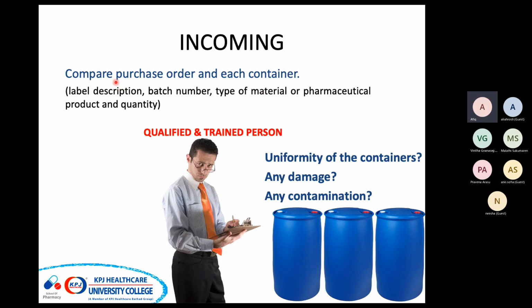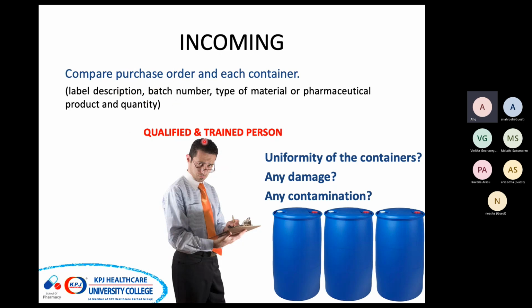You have to compare everything that you ordered in the purchase order exactly with what is arriving at your premise. It's not just the quantity, the item also must be correct. So the label description, the batch number, type of material or pharmaceutical product, and quantity all have to be checked and compared with whatever you ordered.